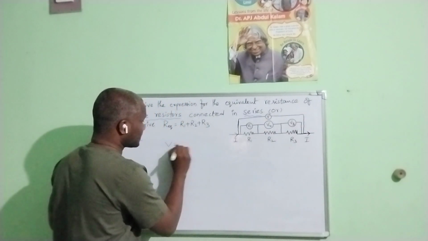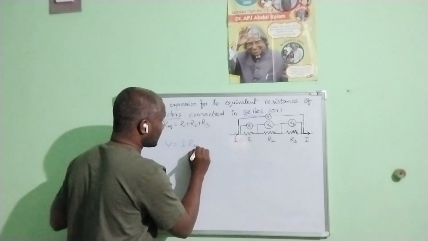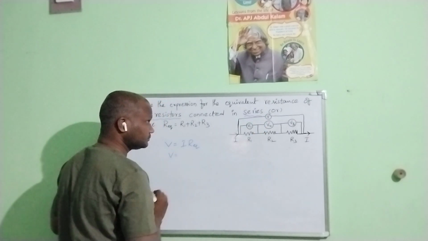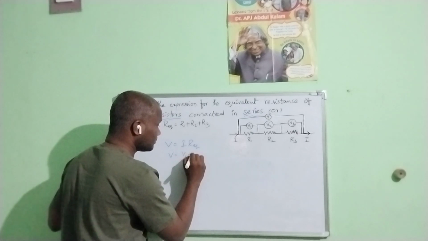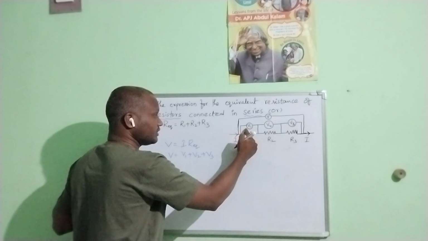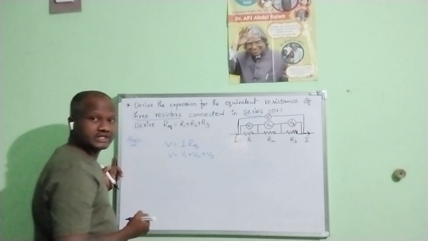So V is equal to I into R equivalent, and voltage V is equal to V1 plus V2 plus V3.